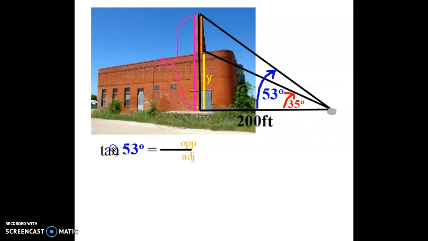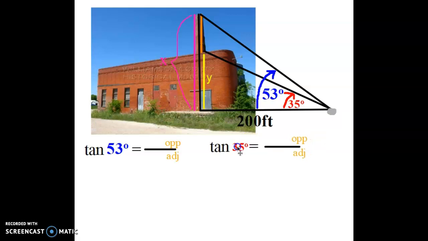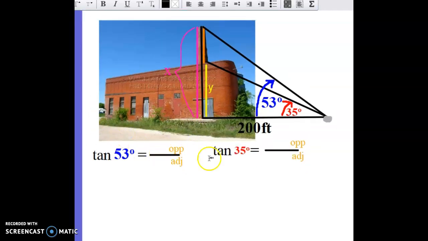So pink minus the yellow will give us the orange, and I'll just put a minus sign in between these two. That would give us the answer.